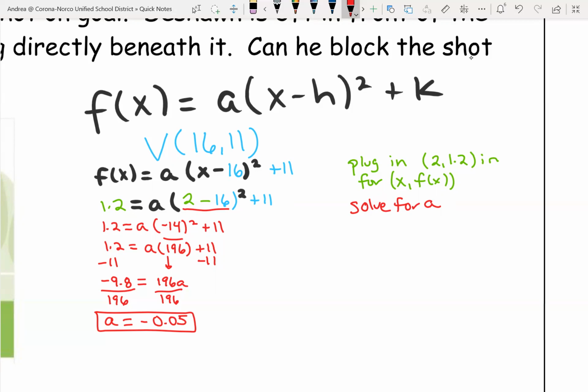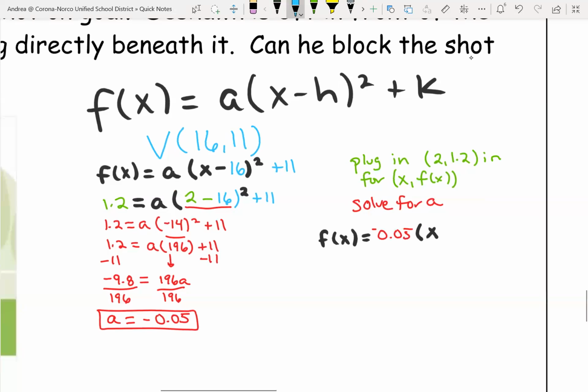Now we're going to plug it all back in together. So I've got my equation now. f of x equals negative 0.05 times x minus 16 squared plus 11.